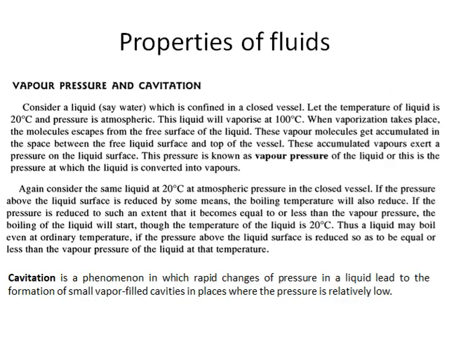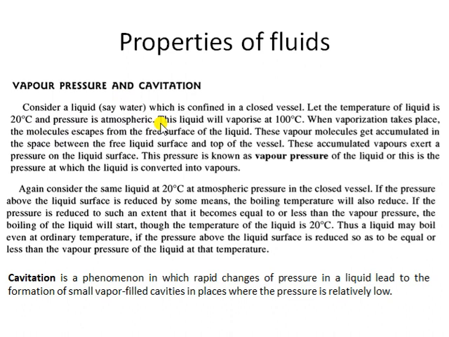To explain vapor pressure, we can consider a closed vessel. Let's say you have filled some liquid in that closed vessel at a normal temperature of 20 degrees Celsius and atmospheric pressure. The vessel is not completely filled, it is partially filled.